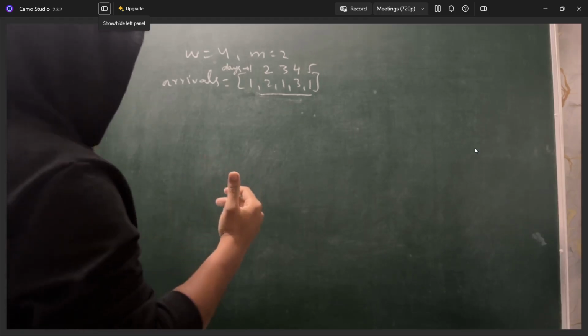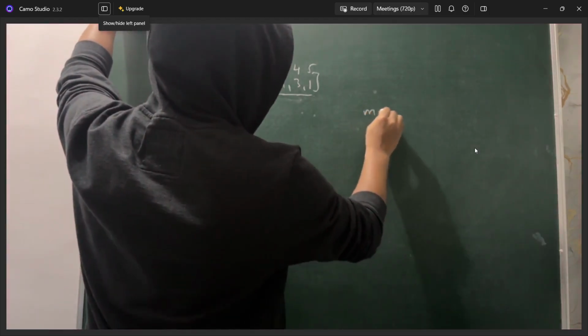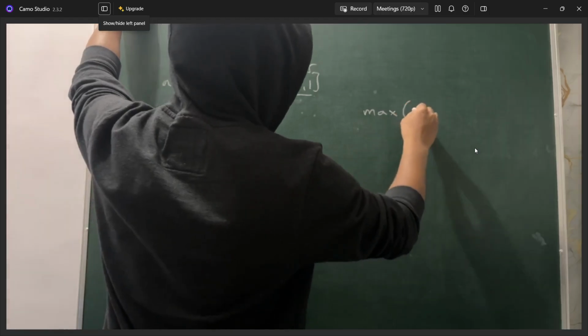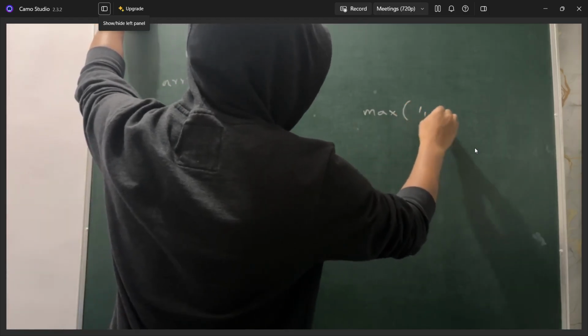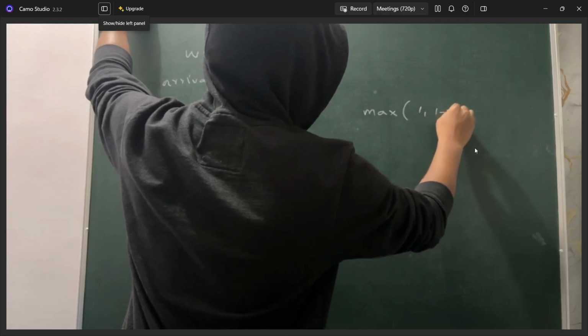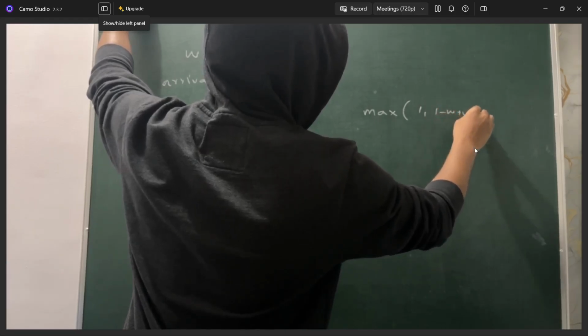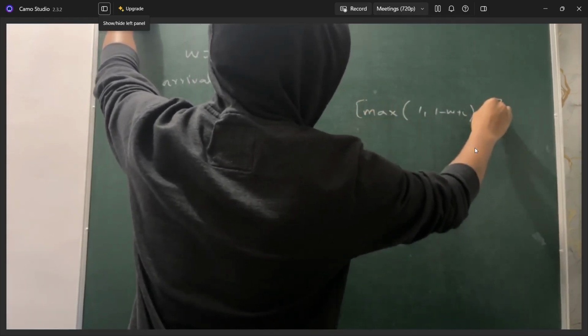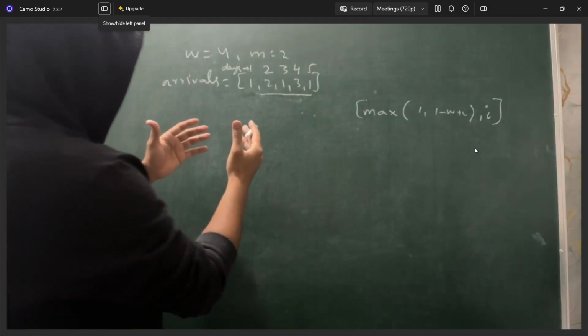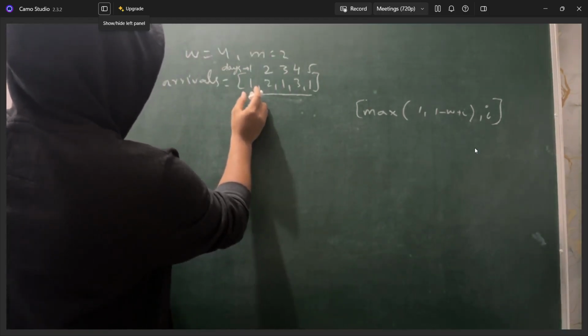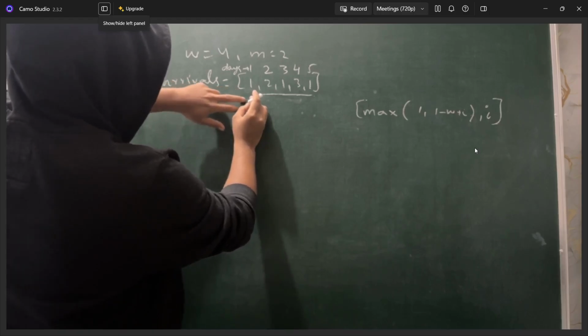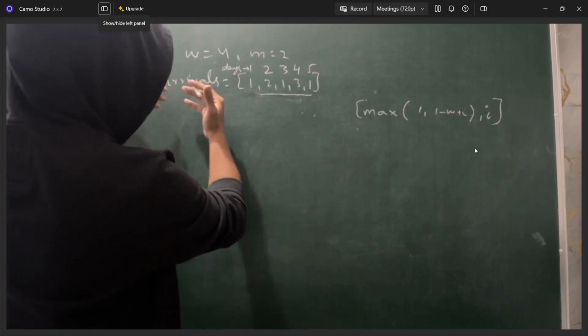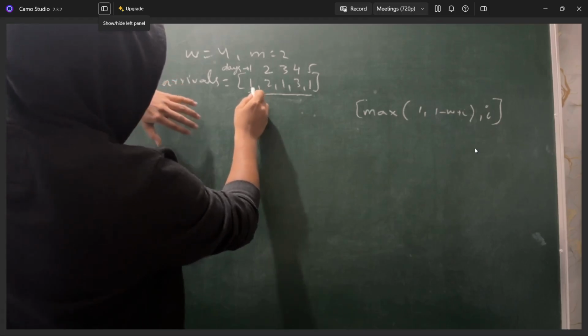So in the question, your window starts at max of 1 comma i minus w plus 1, till i. So whenever you are at a position, you will be considering all the windows from the backside. Since we don't have anything, only a size 1 window you will be having.